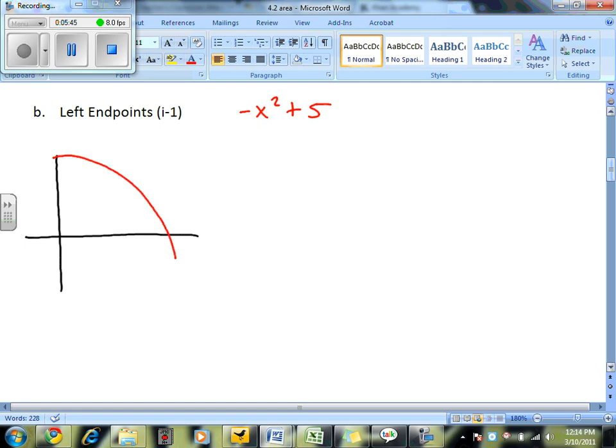And we're still going to break it up into 5 segments. So 1, 2, 3, 4. This will give me 5 segments. There's 1, 2, 3, 4, 5, right? Okay. Well, now we want the left endpoints on the graph. So here's my left endpoint here.